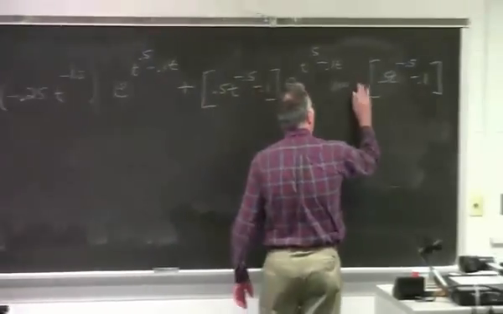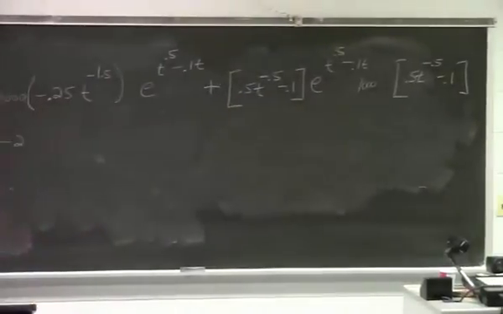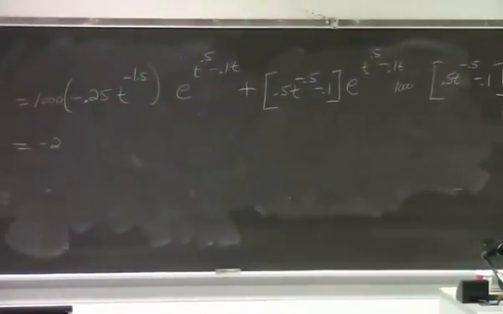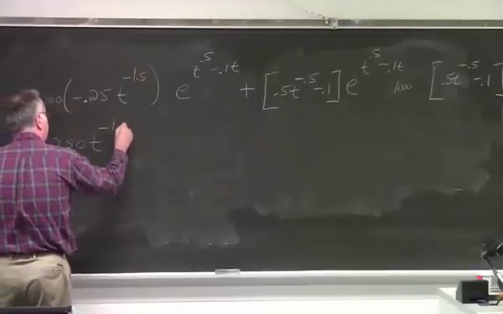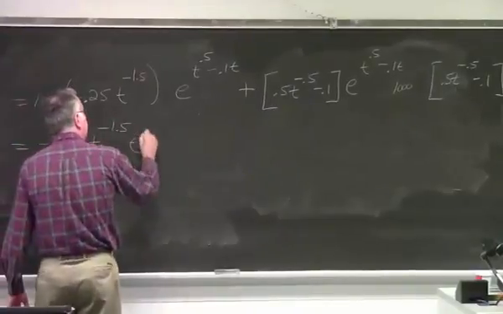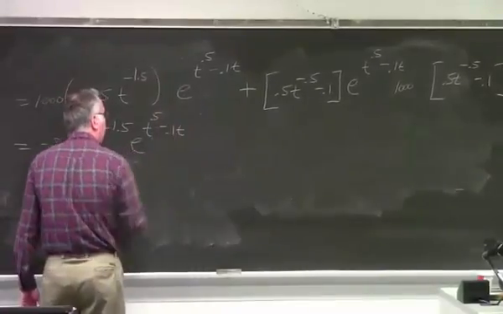Thank you. This is just the derivative of the second term times the first term. The first term is just this. So you're absolutely right, Marshall. Now, this is minus 250 times t to the minus 1.5 times e to the t to the 0.5 minus 0.1 t power.